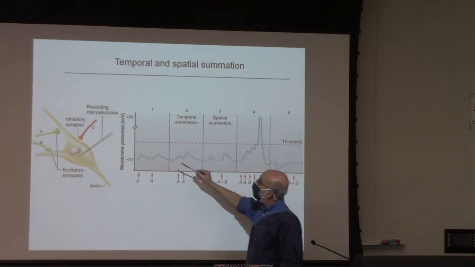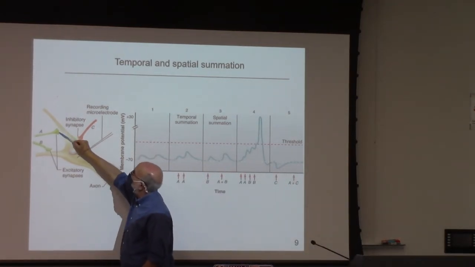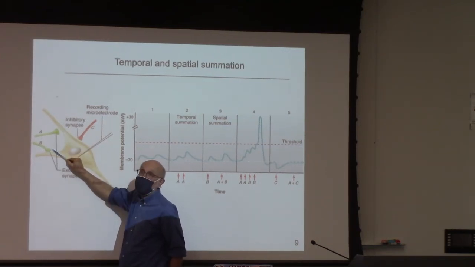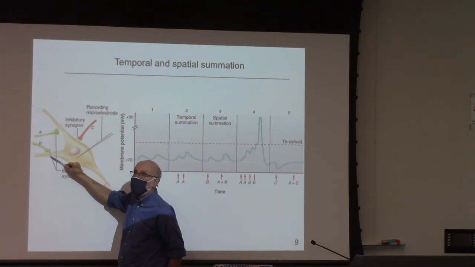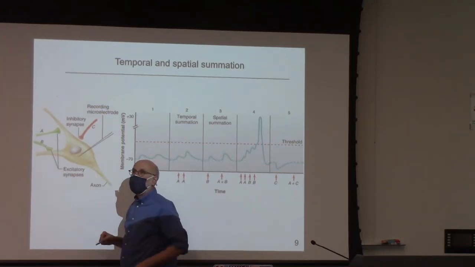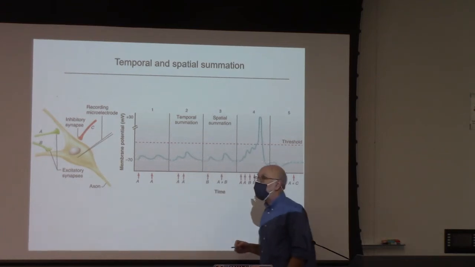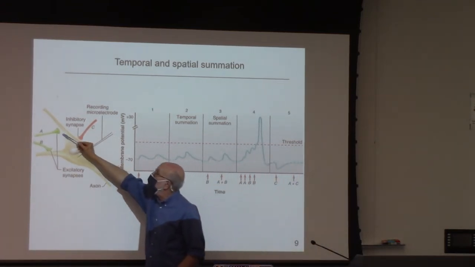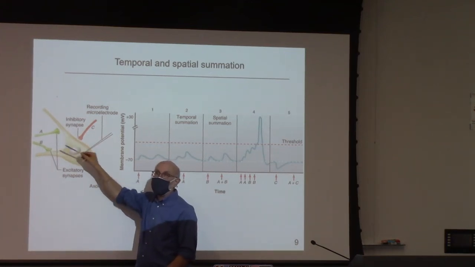Similarly, we could have one synapse causing an EPSP here, and another synapse, let's say from a different cell, causing an EPSP here. There's going to be spatial summation, especially if they are closer together than cartooned in this case.